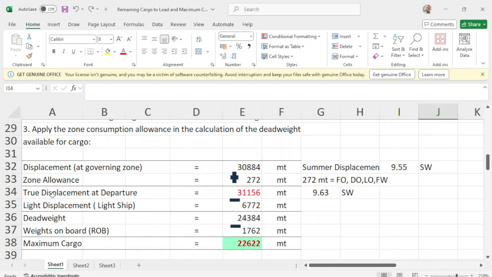If your true displacement is 11156 in salt water, what is your drop? That will be 9.56. And he's asking, what will be your drop if you float in a density of 1?